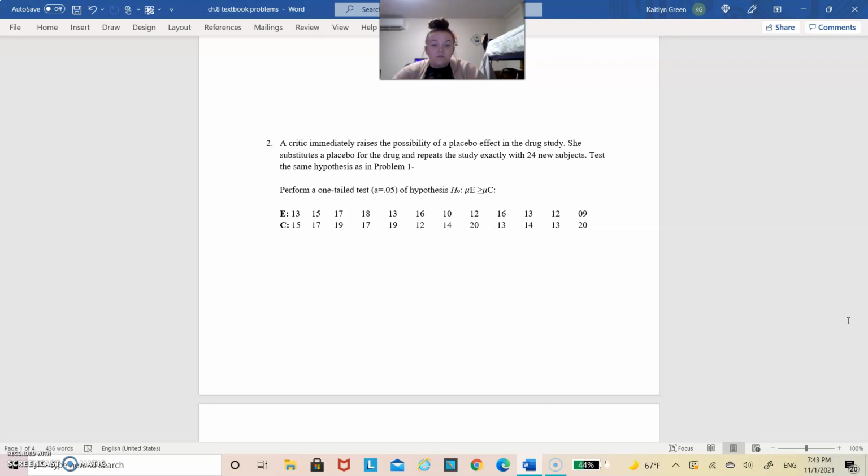So once again, we will reject H0 and accept H1. And what this means is that the average number of headaches in Group E was once again significantly lower than Group C. So that must mean that something is obviously right with this drug, as it is continuously lowering the number of headaches that the experimental group is having in comparison to the control group.